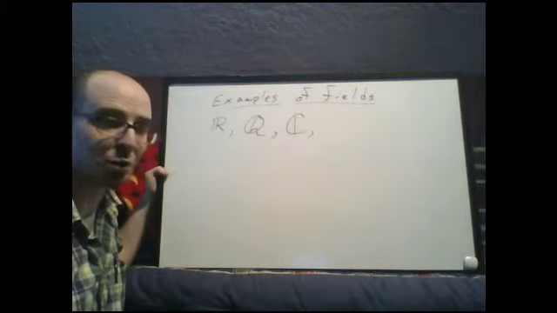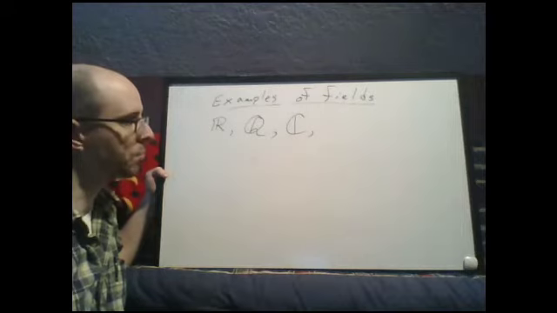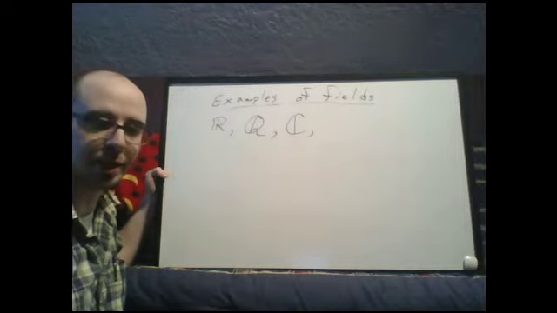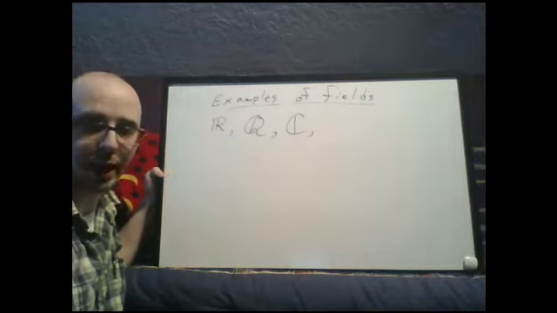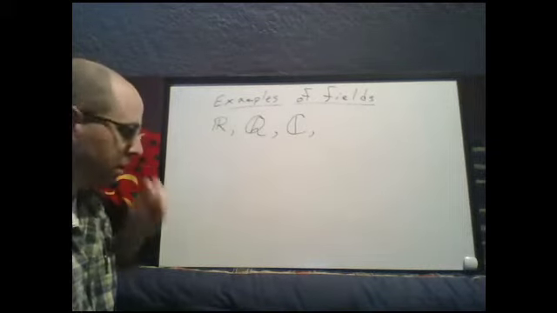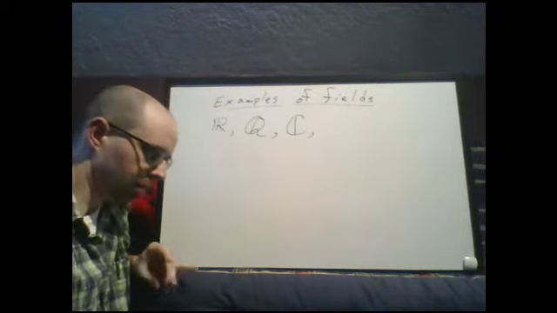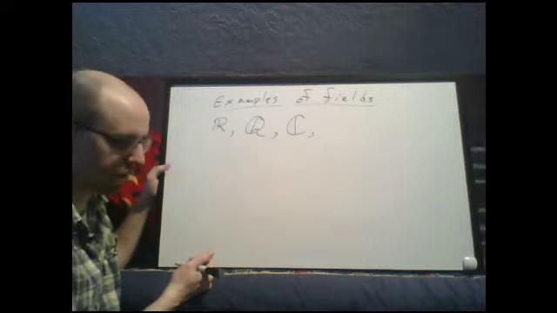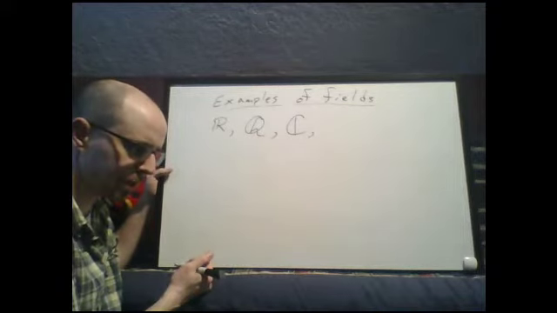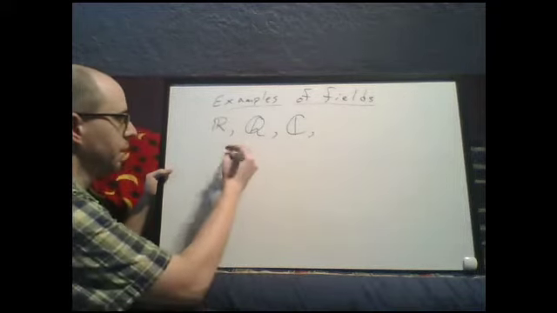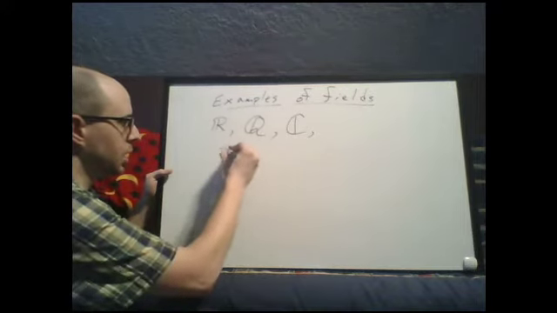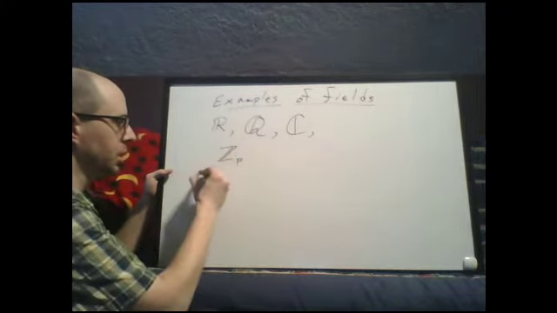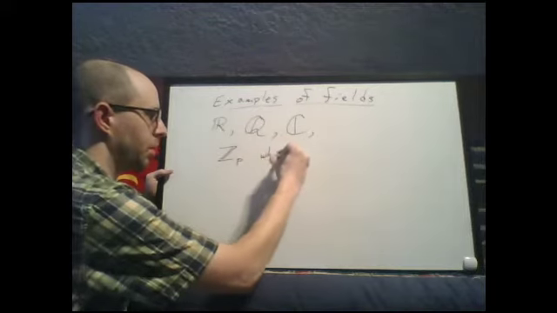Z, the integers, was not a field because most of the elements don't have inverses. Just 1 and -1 have inverses. I guess the only other one I want to mention right now is Z mod P, where P is a prime.